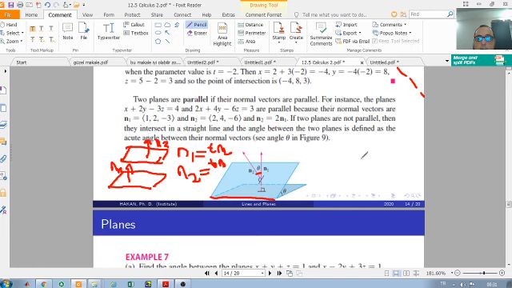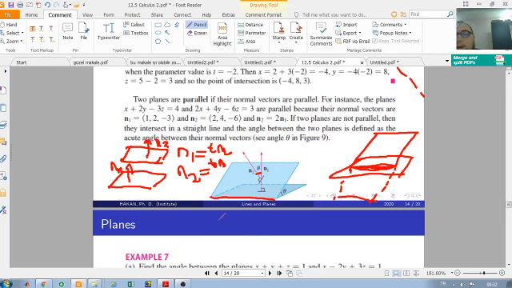Okay, actually this is the base plane, for example, and we have the second plane like this. Okay, we have an intersection line for the planes.